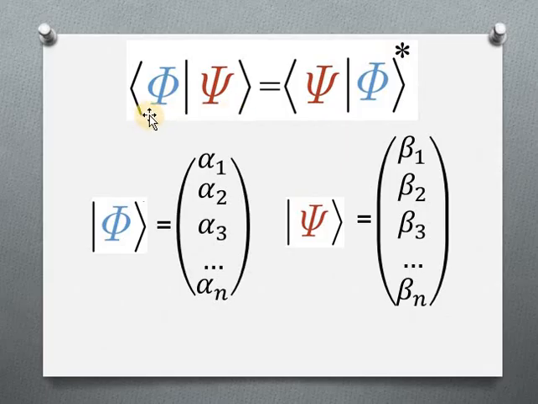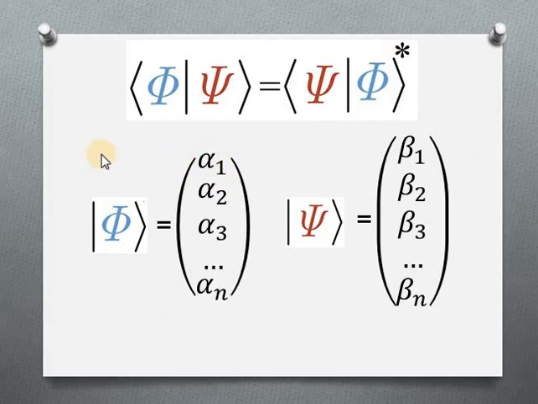If we want to calculate bracket phi psi, then psi, which is in the ket form, will still remain in the column vector format. But for phi, we have to go to the row format or to the dual space. As soon as we look at the dual space counterpart of phi, we have to convert this into a row, as we learned in the last class.